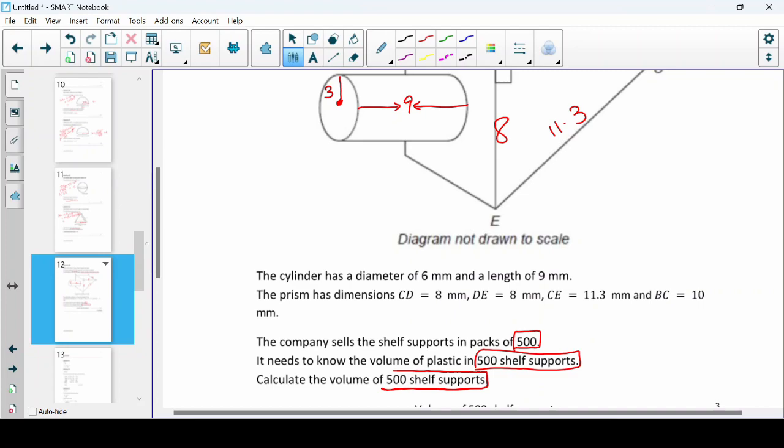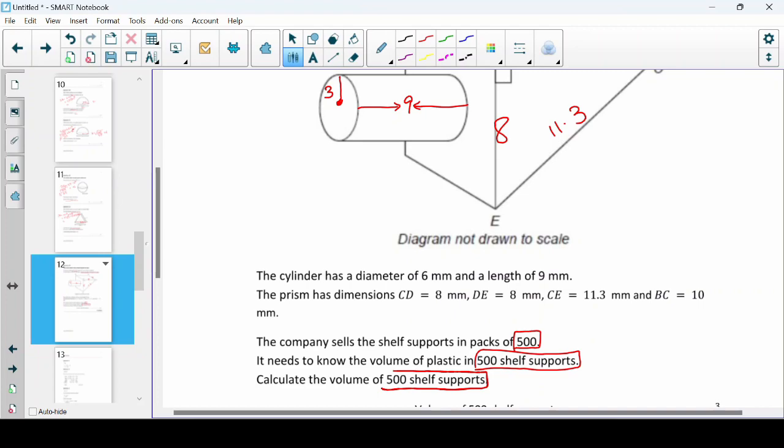To find the volume, we find the volume of the prism plus the volume of the cylinder, which gives us the whole volume, and then we multiply that by 500.